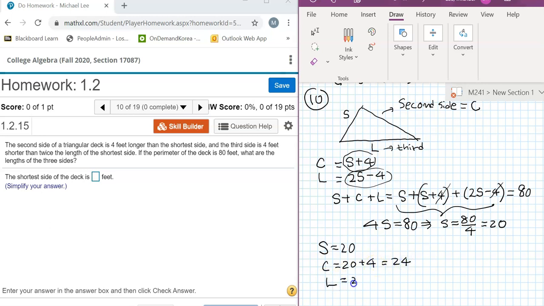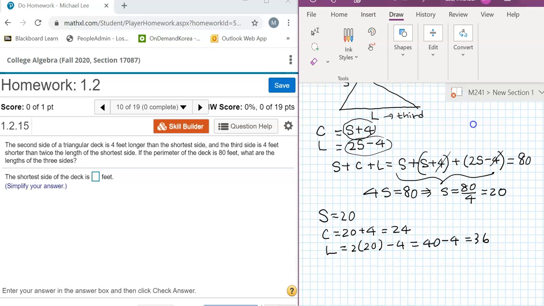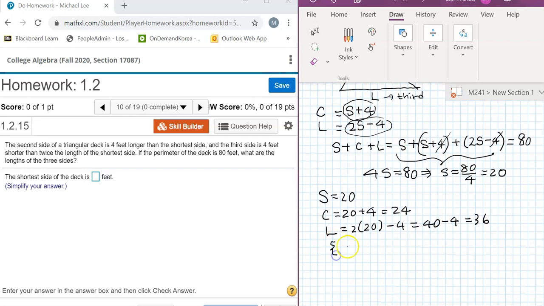L is 2 times 20 minus 4, so 40 minus 4, which is 36. So what are the lengths? Smallest is 20, second is 24, the longest is 36. Okay? All right, let's do number 11.